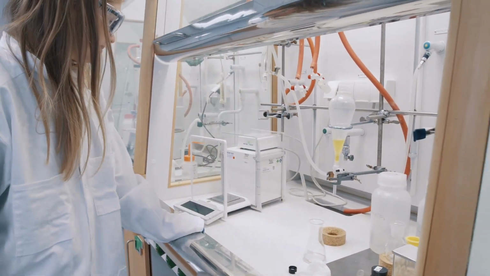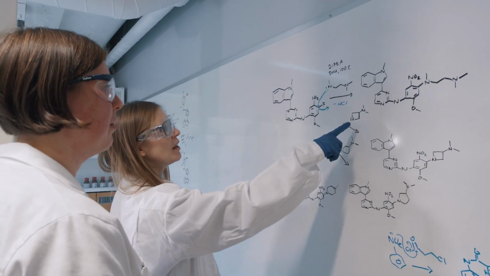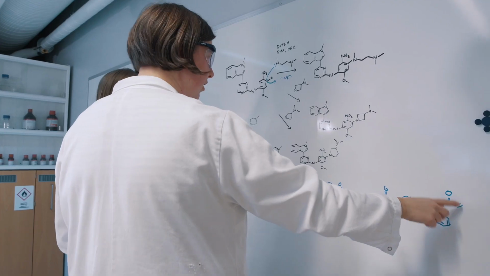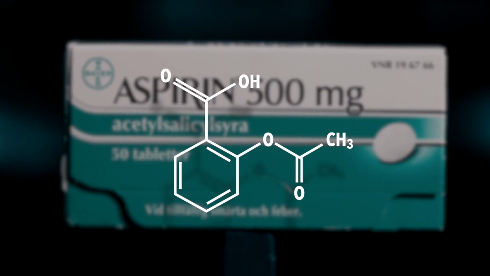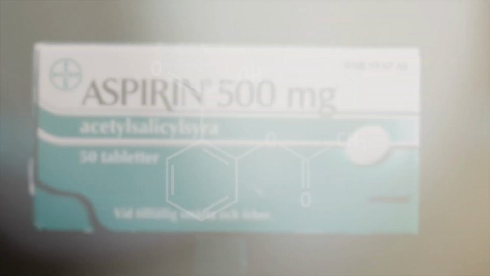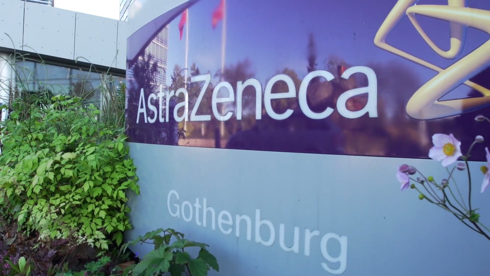With this knowledge, we can experiment with how to break specific chemical bonds in order to replace certain parts of a molecule with something else, just like Felix Hoffmann did to create aspirin. And this is still what today's pharmaceutical research is all about.